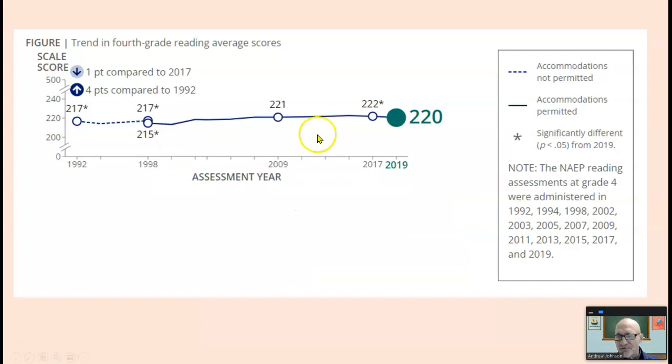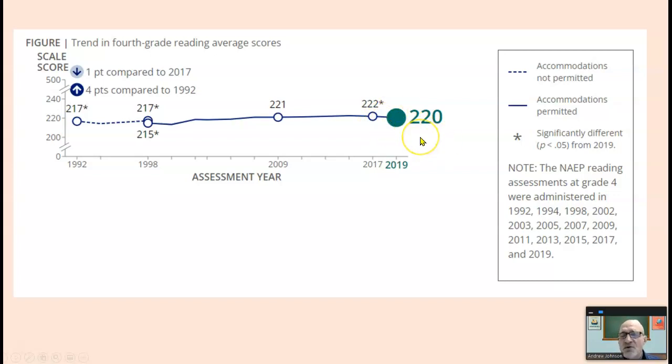For example, we see this nice statistical significance. If there's a difference and it's statistically significant, we have a large population here, and we notice that the difference between 2017 and 2020 is statistically significant.